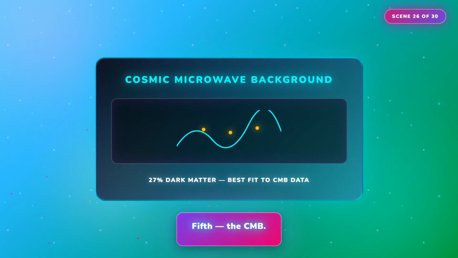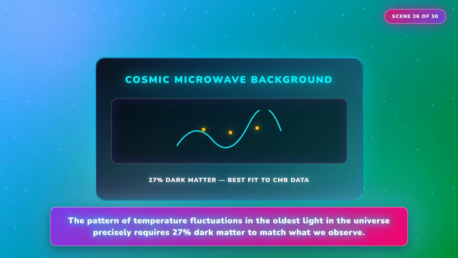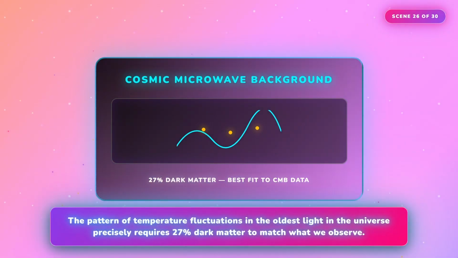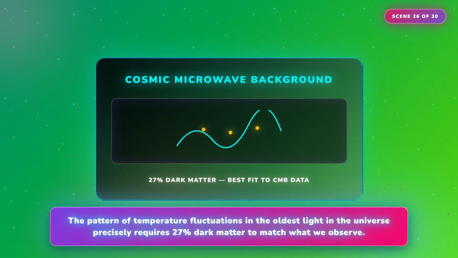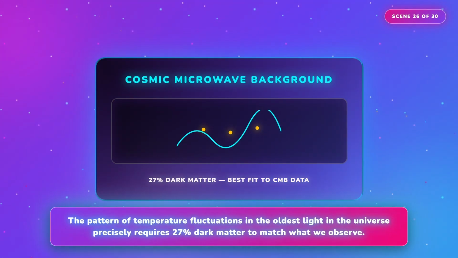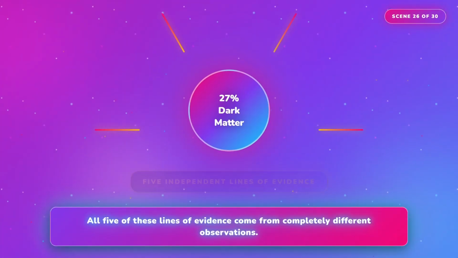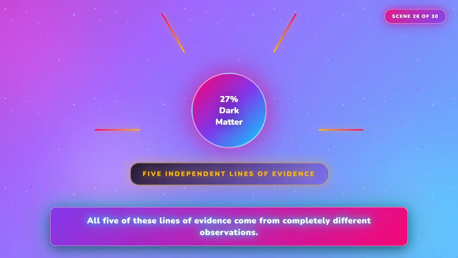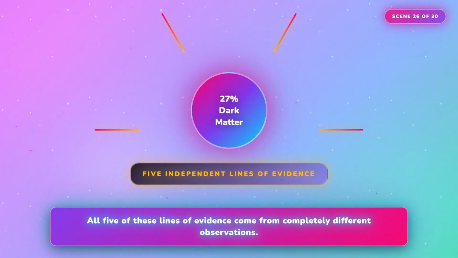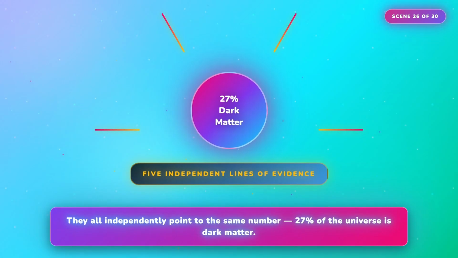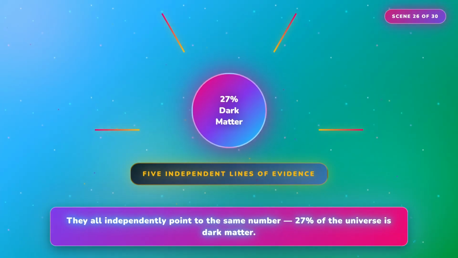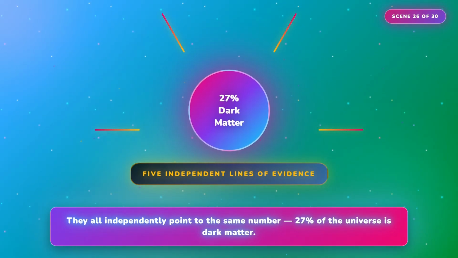Fifth, the CMB. The pattern of temperature fluctuations in the oldest light in the universe precisely requires 27% dark matter to match what we observe. All 5 of these lines of evidence come from completely different observations. They all independently point to the same number: 27% of the universe is dark matter.